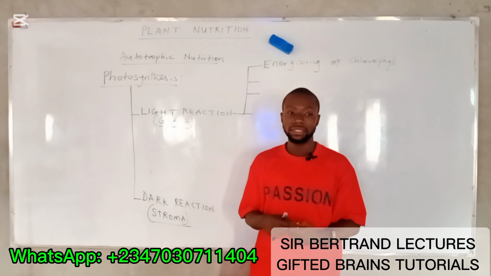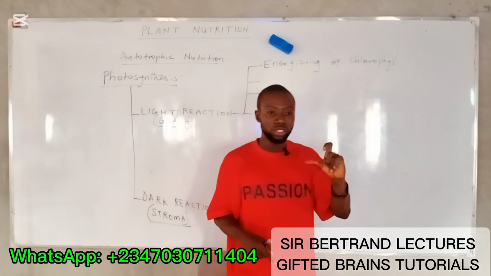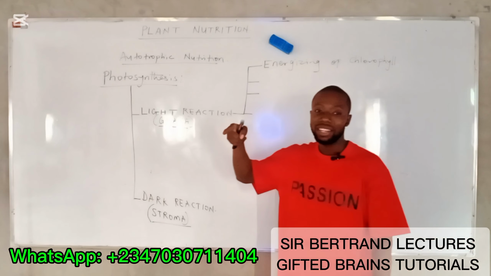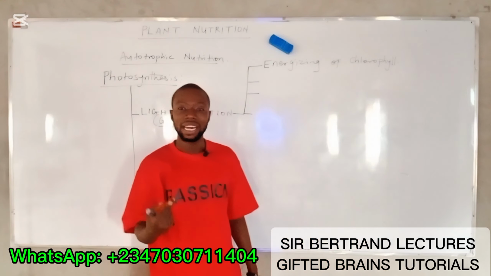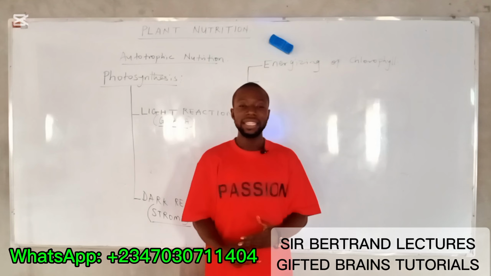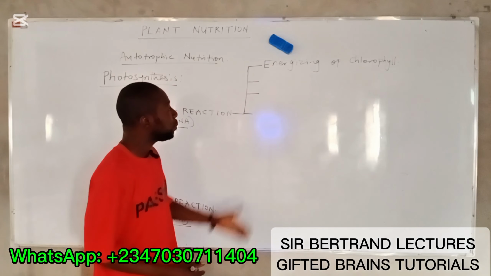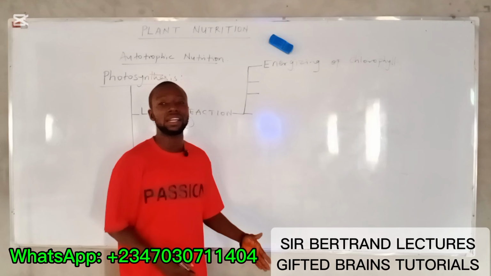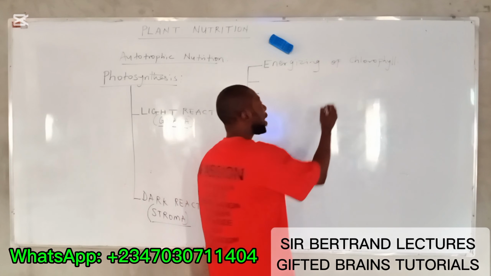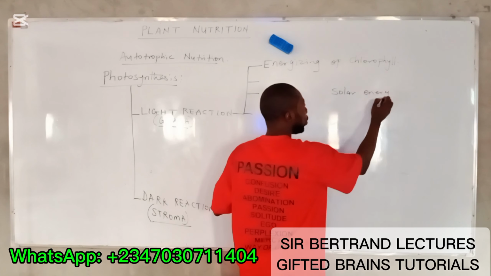Do you understand? Okay. Remember, energy can never be created nor destroyed, but can be transferred from one form to another. Likewise, the solar energy, you were told that it is the primary source of energy. It cannot be created or destroyed, but the energy can constantly be transferred from one form to another. The energy from the sun, we call it what?